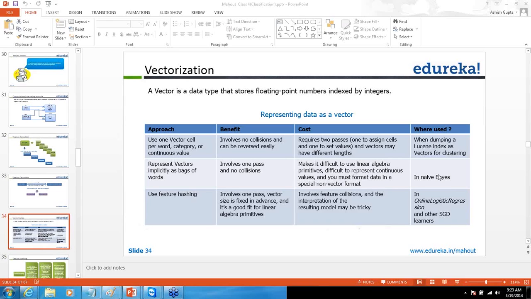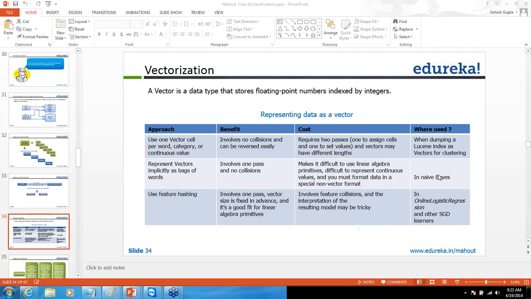If you look at representing data as a vector, because Mahout will only take vectors, there are three approaches. One is to use one vector shell per word, category or continuous value. These words, categories and continuous values are nothing but your types of predictors. The second approach is to represent the vector implicitly as a bag of words.